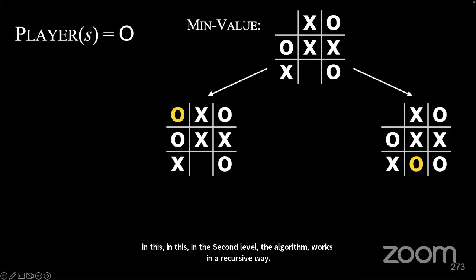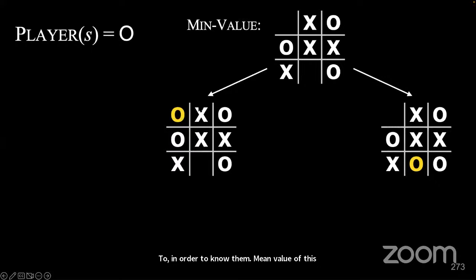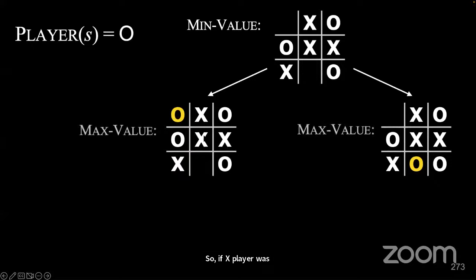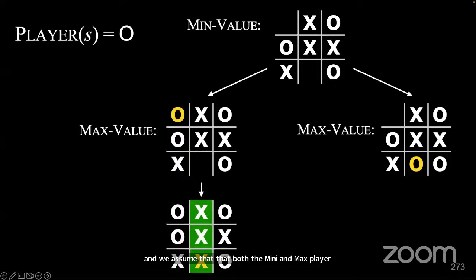In order to know the min value of this state, now we need to simulate the gameplay of the maximizing player, which is the X player. So if the X player was to choose a move from this board, and we assume that both the min and max player play optimally, from this state the X player has to choose this option.